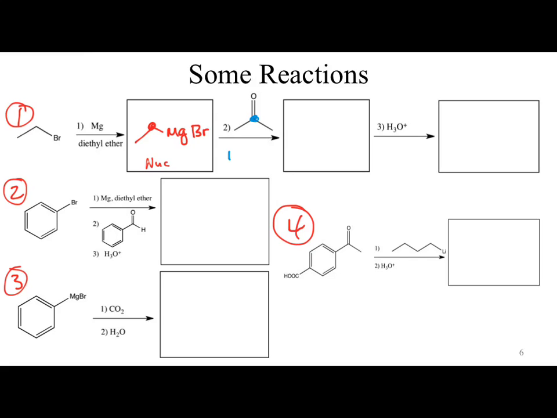So that would react as an electrophile. What's the product of this reaction? We're forming a new bond between the nucleophile and the electrophile. So we'll go through and show that new bond. There it is.